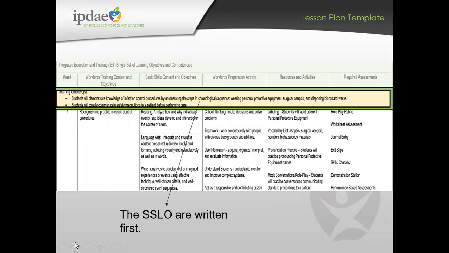So underneath that in the green box, we have our learning objectives. You will notice I have 2 learning objectives here. And the reason why is because when you're doing your programs of study, depending on who's doing them, you might have sometimes 40 to 50 single set of learning objectives. And you may only have a program that's lasting 12 weeks.